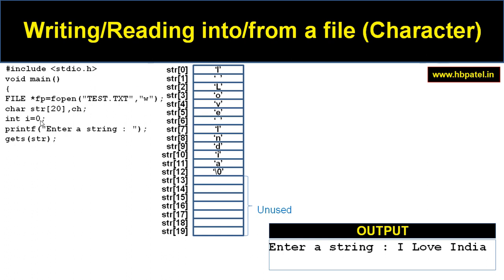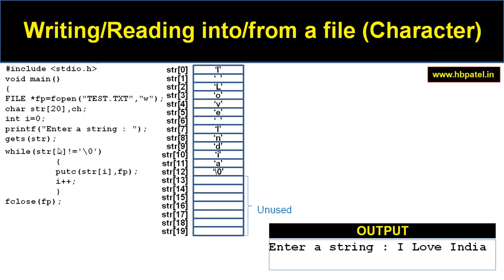So i starts from 0, str[0]. Is it not equal to null? Yes, it is not equal to null, so put it in the file. Then i plus plus, so i equals 1. Space is not equal to null? Yes, so space is written. Then l, o, v, e. All these characters will be written. And when i becomes 12, that will be null.